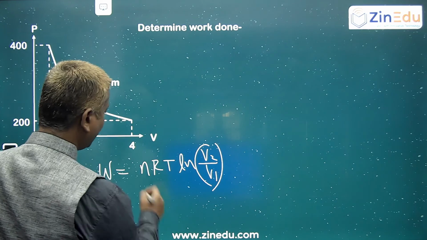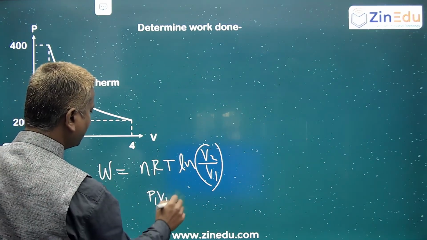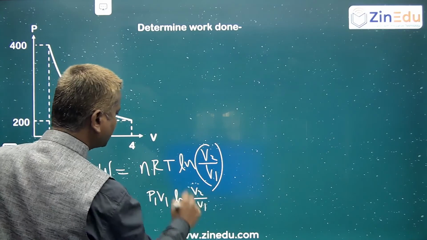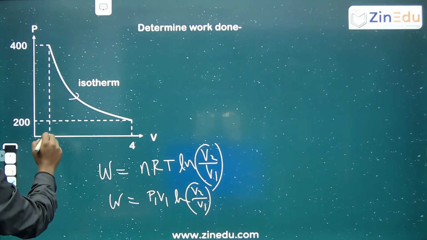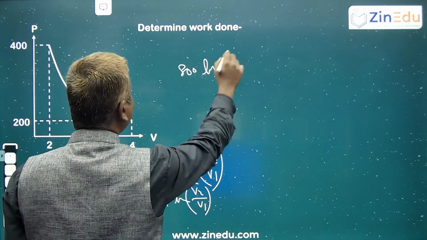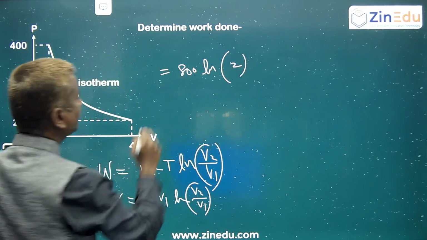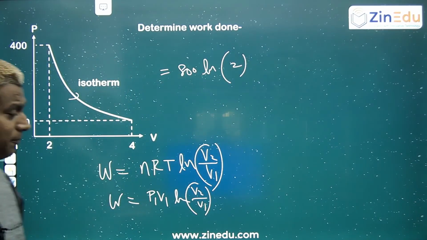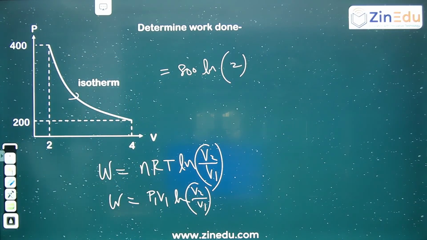So I am writing P1 V1 ln V2 by V1 directly, which is 800 ln of V2 by V1, 4 by 2. So the work done formula, nRT ln V2 by V1, is a direct formula. Next.